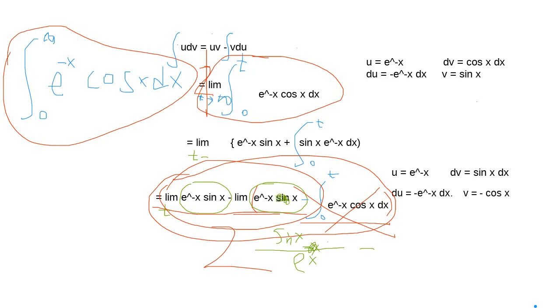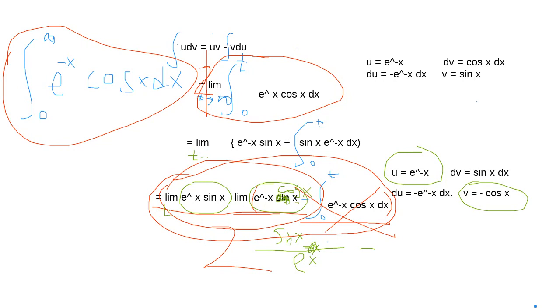Because in this uv, you see, this is u, this is v. The negative cos x is v. So it's supposed to be negative minus plus u times v, because this cosine x is negative, so that's why I changed this one to minus e to the negative x cosine x. So this is supposed to be cosine x. That's why it didn't look right to me.